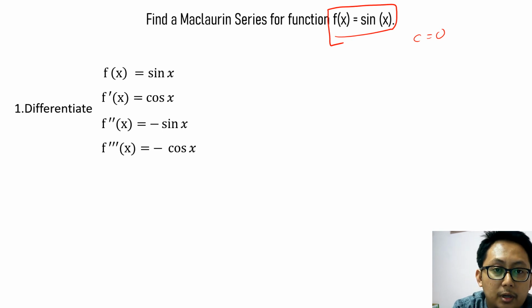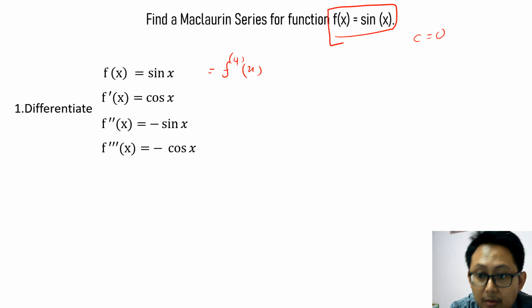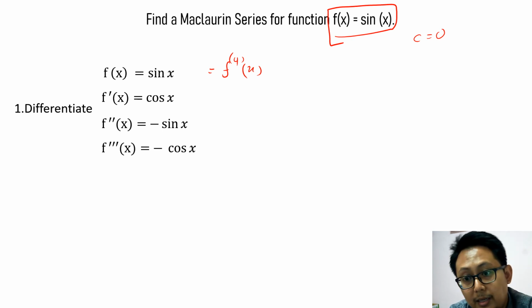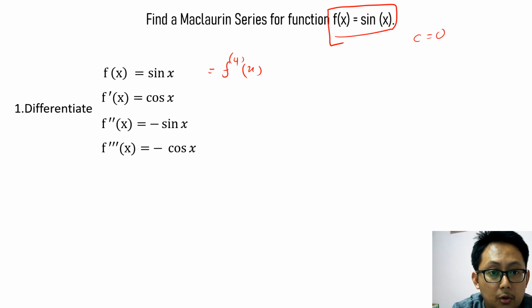And then differentiating for the fourth time, it is equal to sine x. It comes back, because when we differentiate minus cos, we get sine x, since cos to sine, the negative becomes positive.